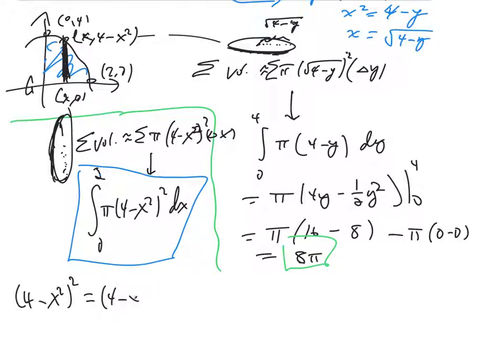So that's 4 minus x squared times 4 minus x squared. And just use the distributive property. 4 times 4 is 16. Minus x squared times 4 is there twice. And minus x squared times minus x squared is plus x to the 4th. So don't mess around with this, just multiply it out. And now you're integrating a polynomial, much easier.